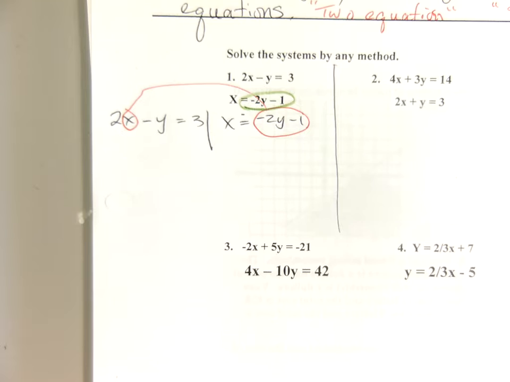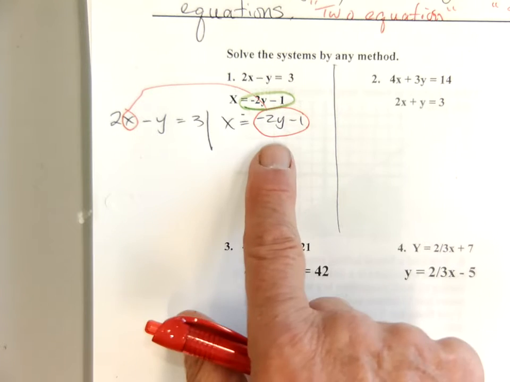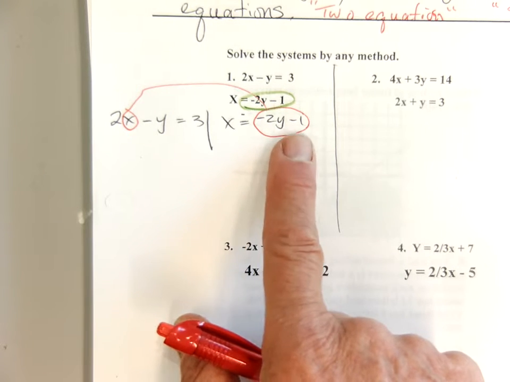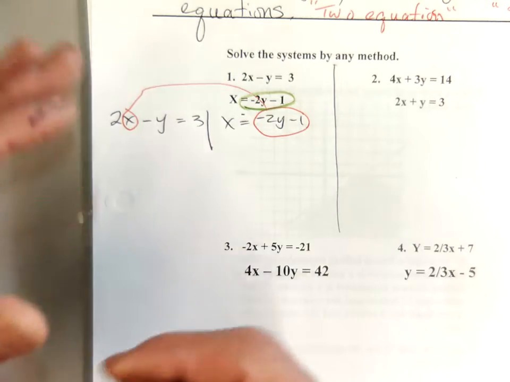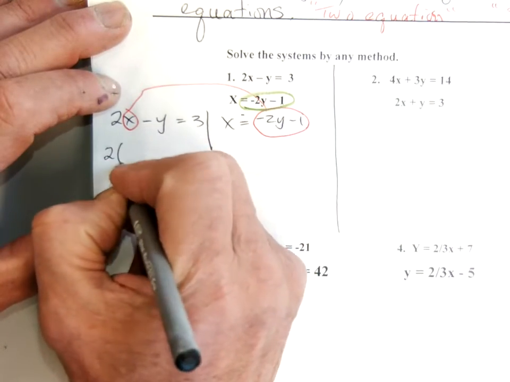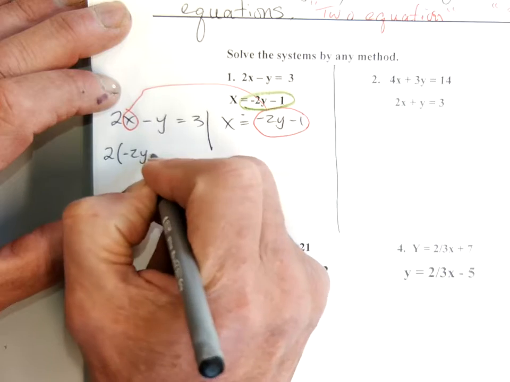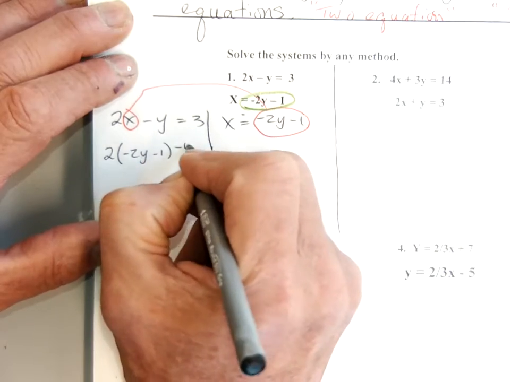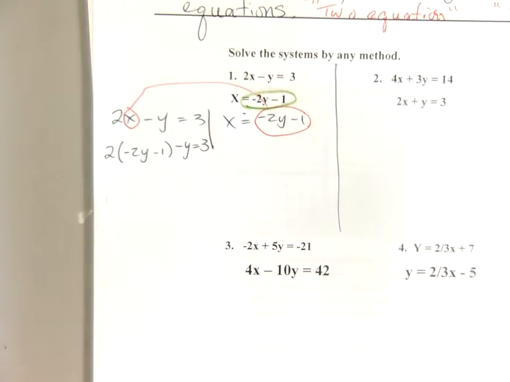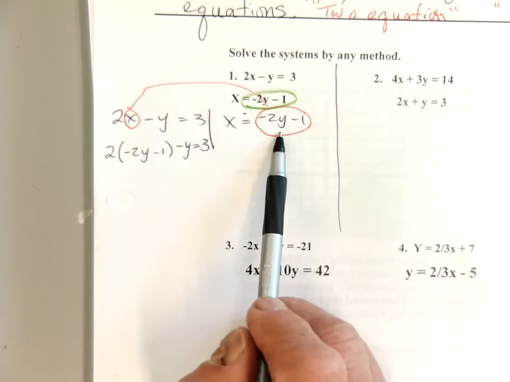So instead of writing x, I'll write what x equals, which is my negative 2y minus 1. Okay, so I'll go 2, and I'll put my negative 2y minus 1, minus y equals 3. Okay? So instead of writing x, I just replaced x with what x equals.